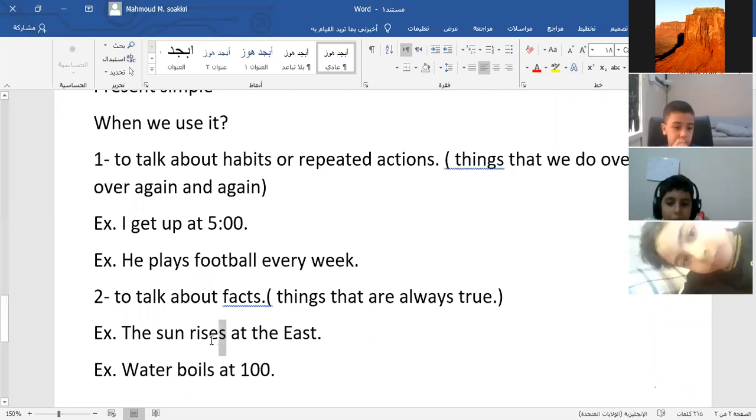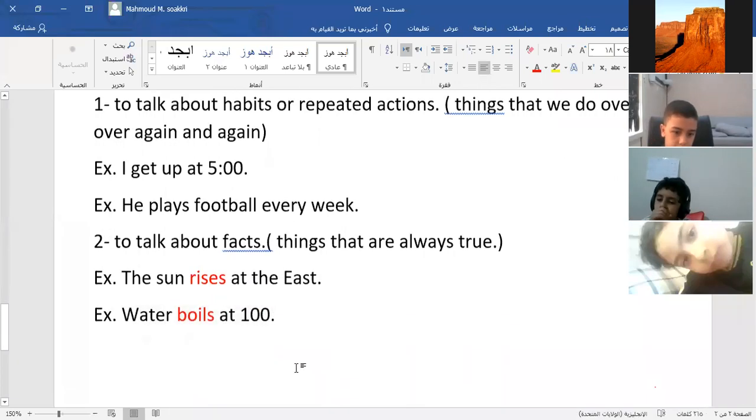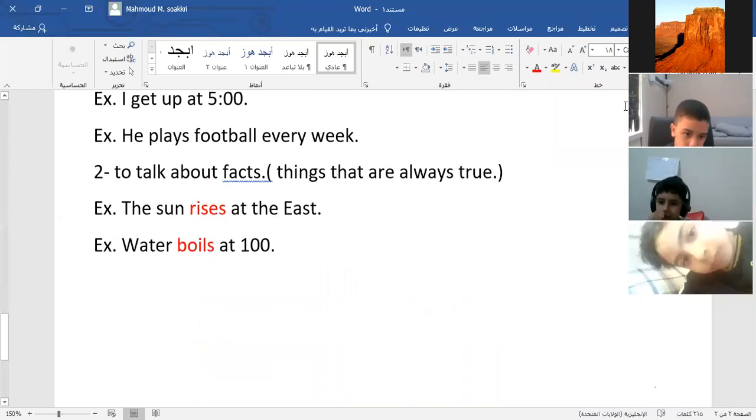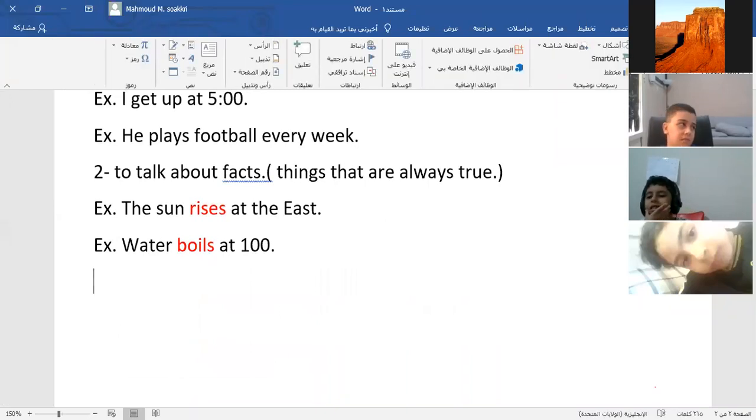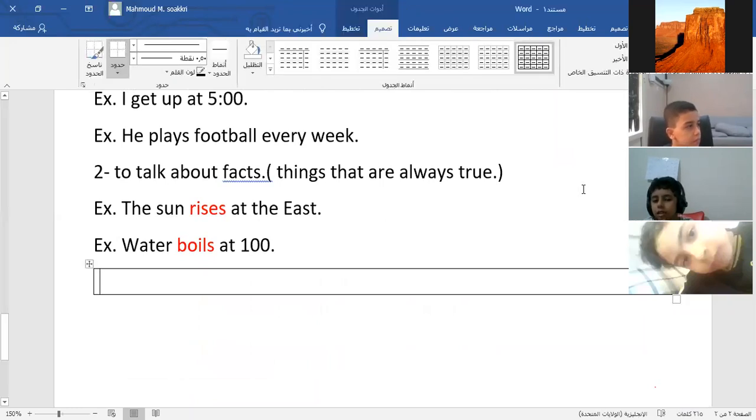Now look at the verb here, rises, and look at the verb here, boils. Now we want to know how to form a sentence in present simple. It's very easy. This sentence is not negative, it's affirmative, it is positive.